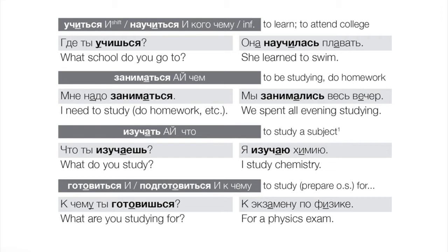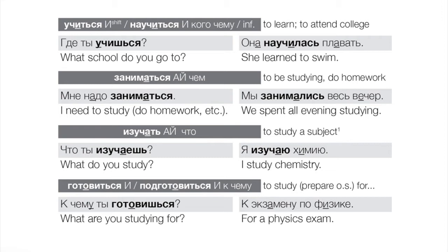Мне надо заниматься can mean I need to study in a general sense, I need to do my homework, I need to busy myself with my studies. Мы занимались весь вечер. We spent all evening studying. Note that that's just studying in general, doing homework. We're not talking about studying for an exam or studying a specific subject. It's just an all-purpose doing-homework verb.